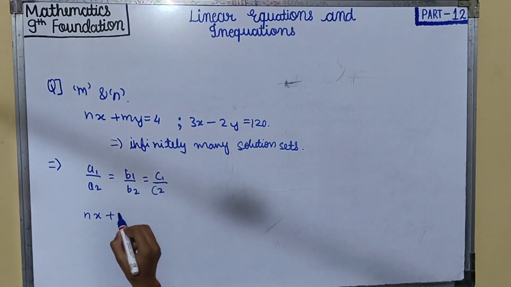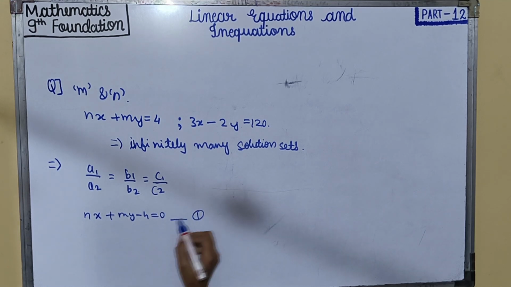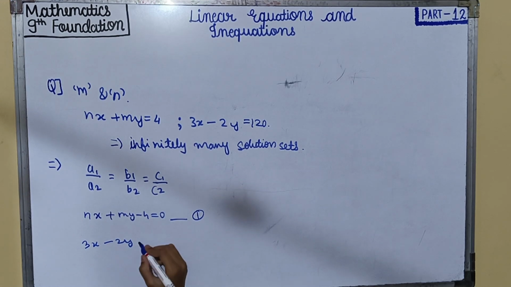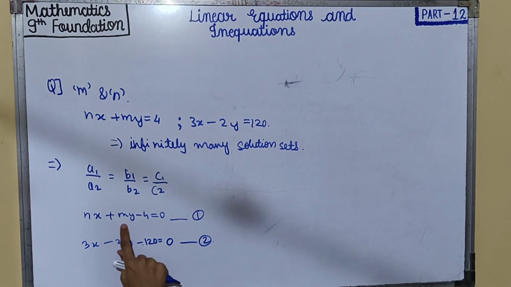First equation is nx plus my minus 4 is equal to 0, equation 1. Then 3x minus 2y minus 120 is equal to 0. This is the second equation.